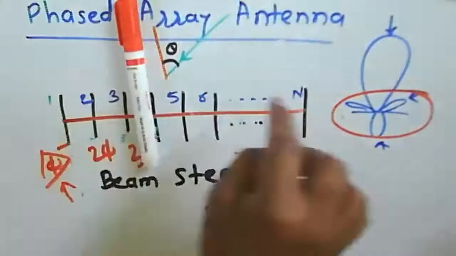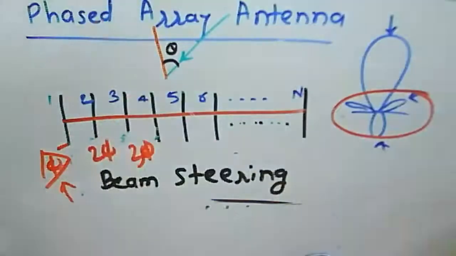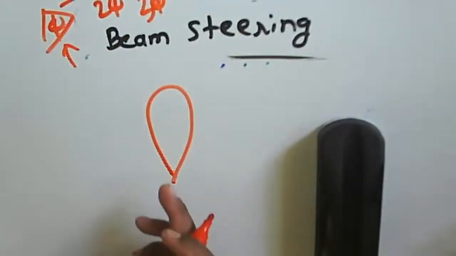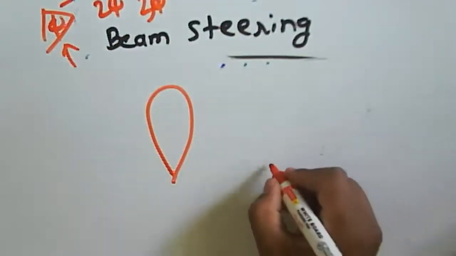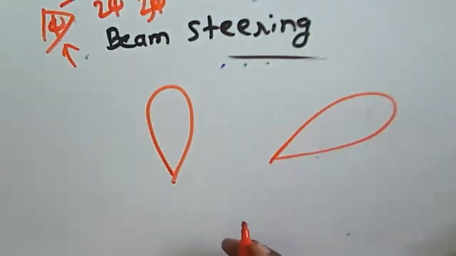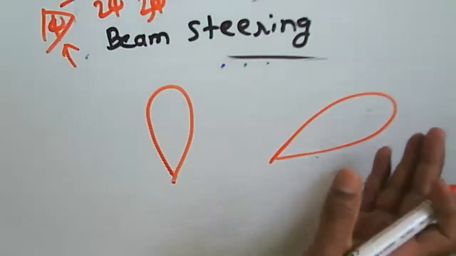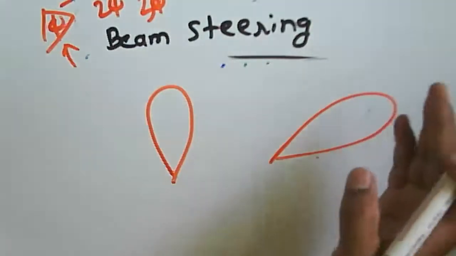So if our beam is perpendicular, then scanning will be a maximum. If the beam is likewise, then the area coverage will be changing.